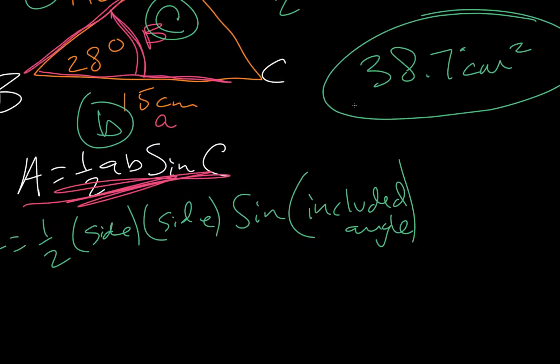Okay, moving on to example 2. It says a triangle has 2 sides with lengths 10 centimeters and 11 centimeters. Okay, so I'm just going to draw a triangle, say 10 and 11, and an area of 50 centimeters squared.